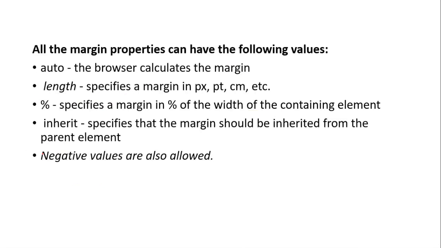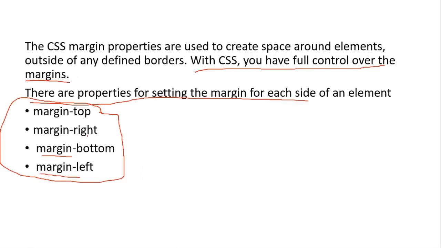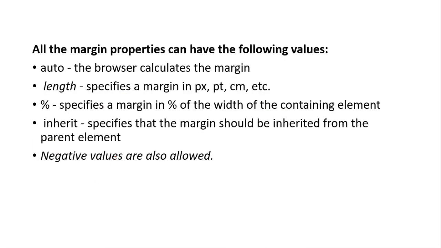All of these margin properties can have the following values. That means if you are using margin-top, margin-right, margin-bottom or margin-left, you can use the values specified here. Auto means the browser will calculate the margins automatically, depending on the browser. Length specifies a margin in pixels, points, centimeters, etc. Percentage specifies a margin in percentage of the width of the containing element.